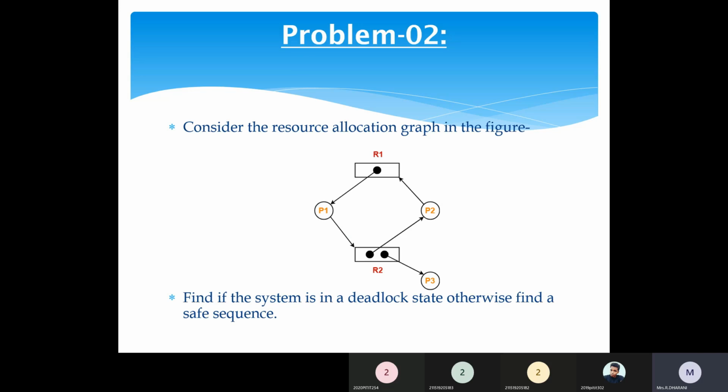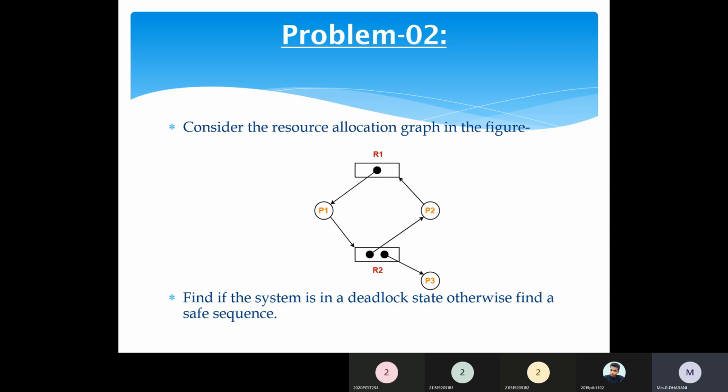We have how many processes in this resource allocation graph? Processes P1, P2, and P3. P1 is requesting one instance of R2, and one instance of R2 is assigned to P3, and another R2 instance is assigned to P2, and P2 is requesting resource R1.